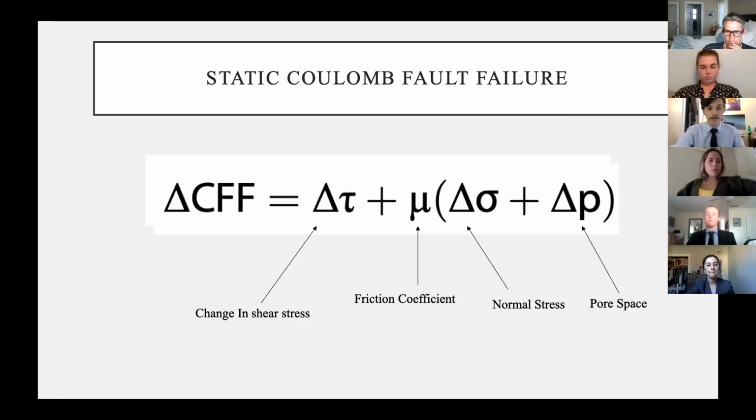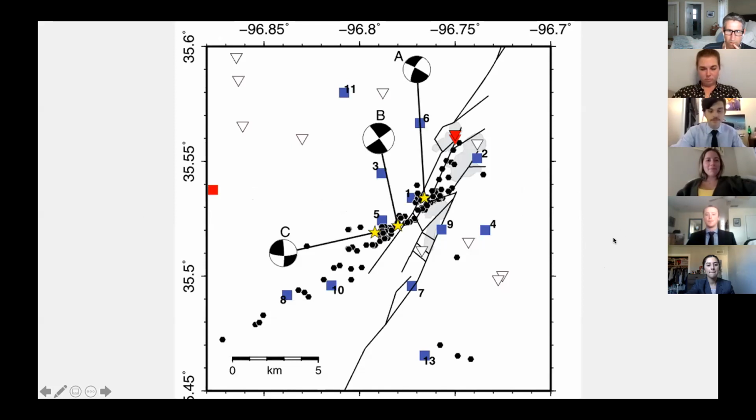But then they found out that, wait, sorry, my screen's not, what the heck? Okay, so back to this image, we can see these black dots. These are the 110 earthquakes that they recorded.